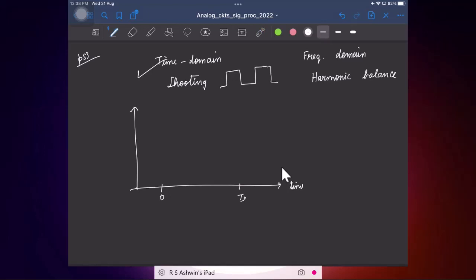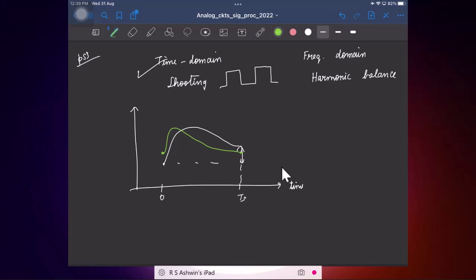So what PSS will do, it starts with a guess for what the voltage could be at t equal to 0, and it will continue to solve and then find what value it gets at t equal to Ts. Okay, and depending on the difference between these two and something known as the sensitivity matrix, it will refine this initial guess, and then maybe it changes and finally finds the right value. Okay.